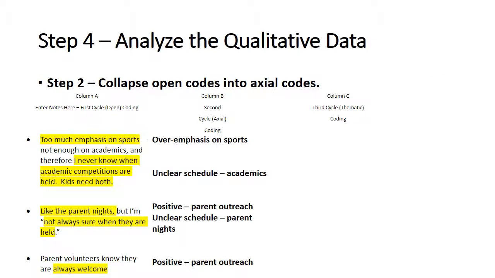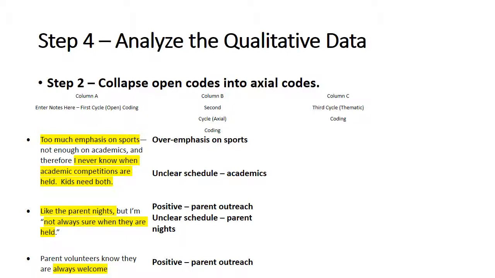Step 2 of analyzing the qualitative data is to collapse your open codes into axial codes. So, for example, the open code, too much emphasis on sports, has been relabeled overemphasis on sports. The open code, I never know when academic competitions are held, kids need both, has been relabeled as unclear schedule academics.